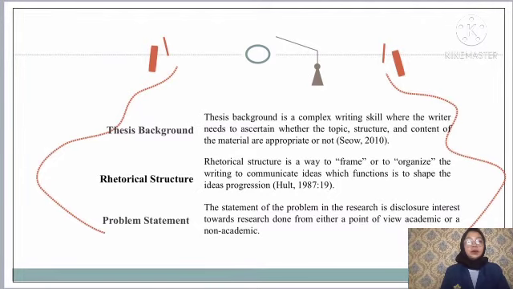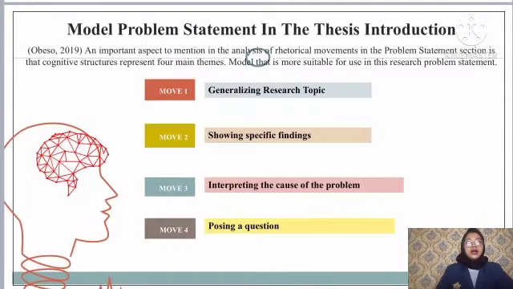In the problem statement, the statement of the problem in research discloses interest toward the research done from either an academic or a non-academic point of view. The next is the researcher chose a model of problem statement in the thesis introduction by Theory Obeso 2019.